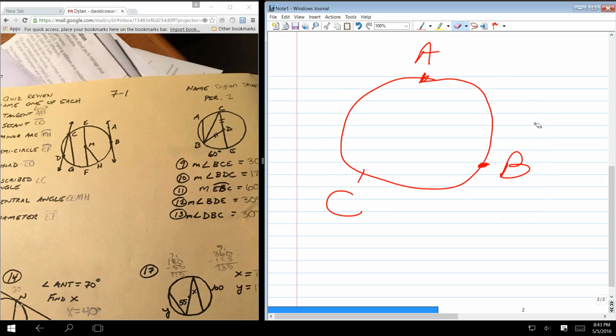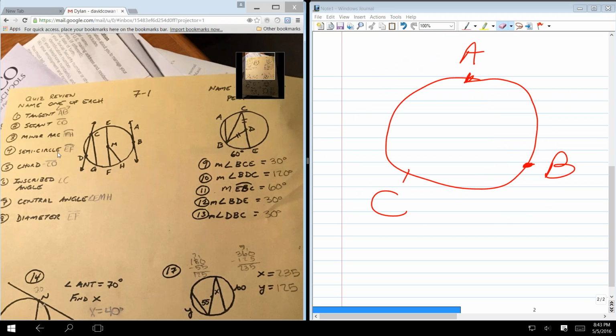So in the problem over here, where it's saying the semicircle, let's use as many of the letters as we need to define which semicircle, because there's actually two of them.